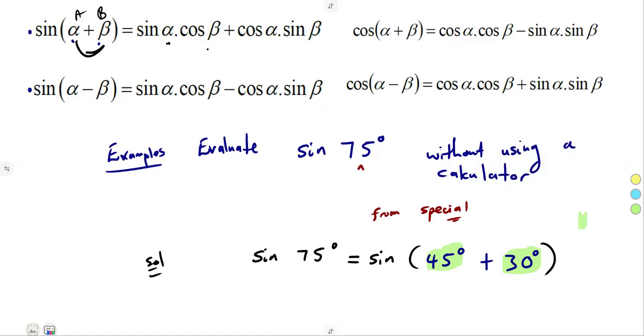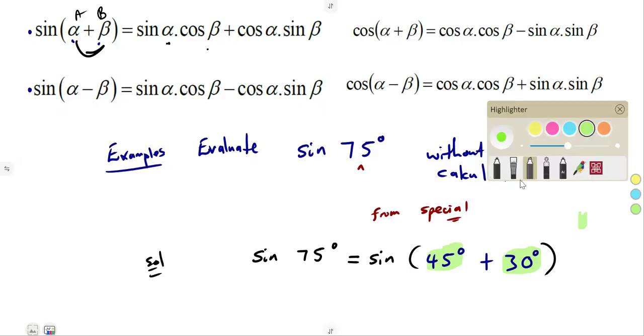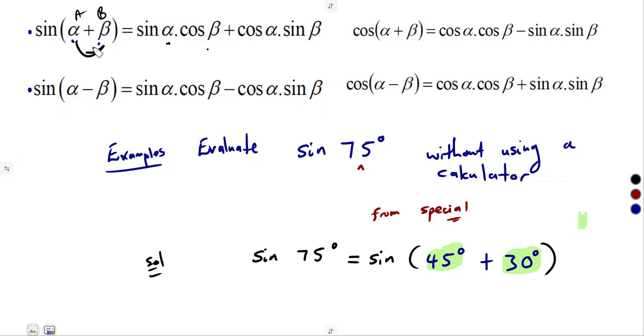So if you had an identity which you used before with alpha and beta, guys, sine of alpha plus beta gives us sine alpha cos beta. It must be the same thing. This is our alpha. This is our beta. So it was supposed to give us sine 45 degrees, cos 30 degrees, plus, the way it was a plus, also a plus here, plus the cos.